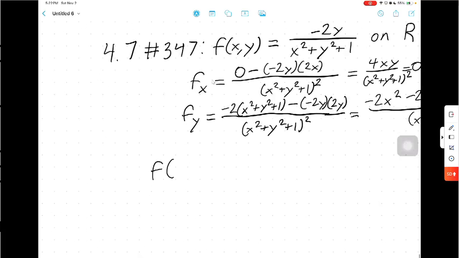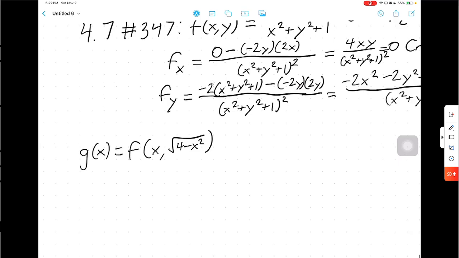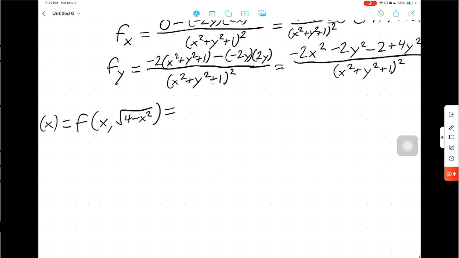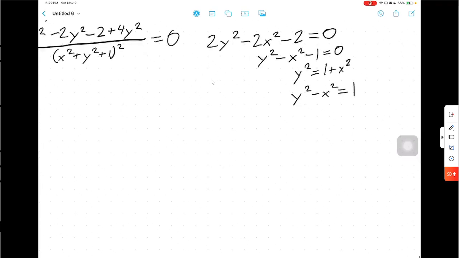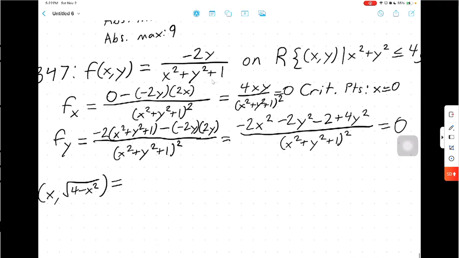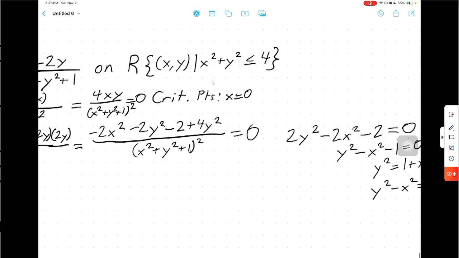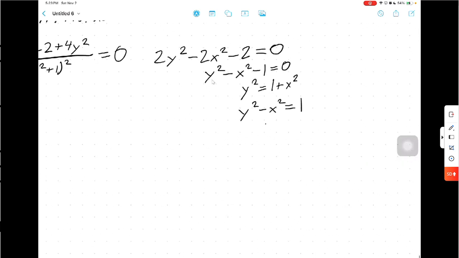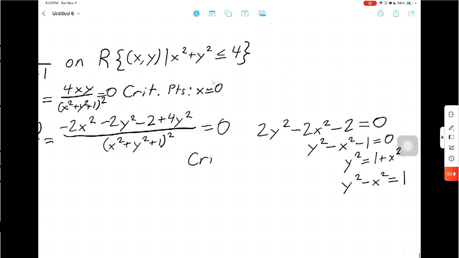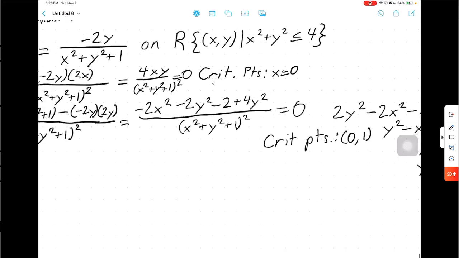Anyways, I'm just going to do the region on -2 to 2, because I do not know what to do with that. There's like infinite, oh wait, there's only one crit point then. There's only one crit point. 0 and 1 is your crit point.